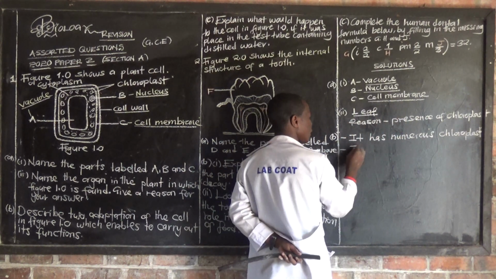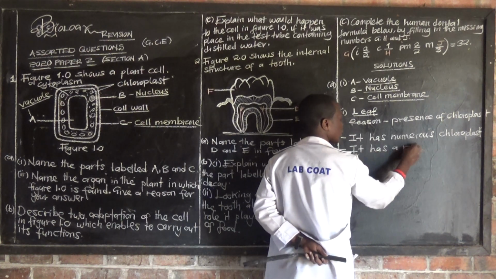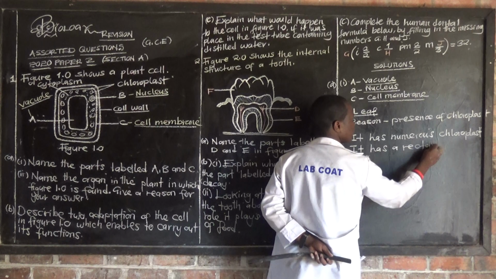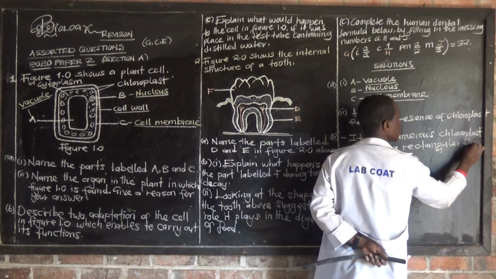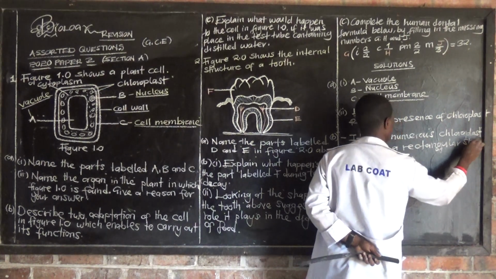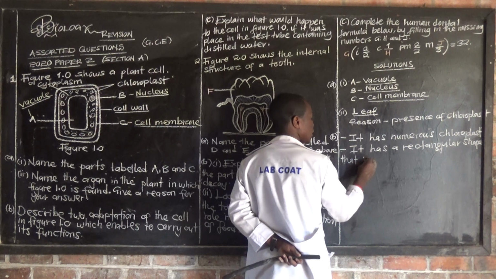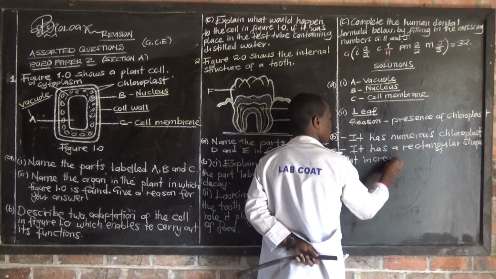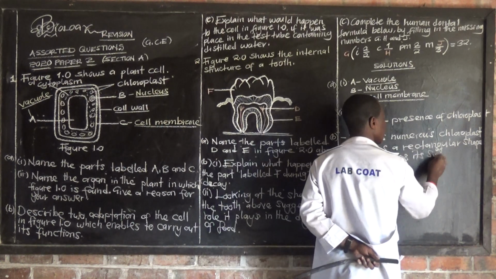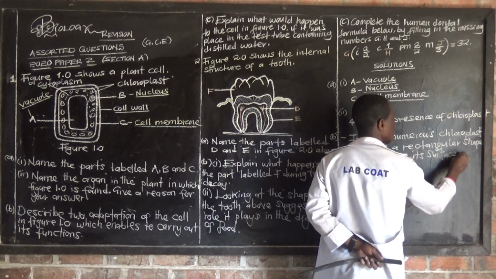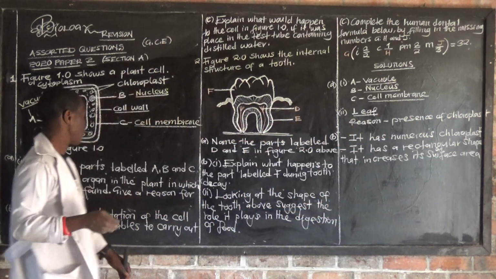Number two, it has a rectangular shape that increases its surface area. Okay? Are we clear?